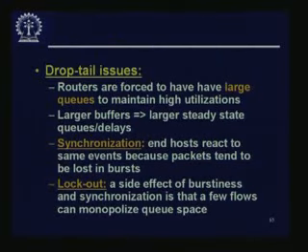And some drop tail issues: the router is forced to have large queues to maintain high utilization. So, that is a problem. Larger buffers imply larger steady state queues or delays. So, the delay is more, that is one thing. Secondly, synchronization: n hosts react to the same events because packets tend to be lost in bursts.